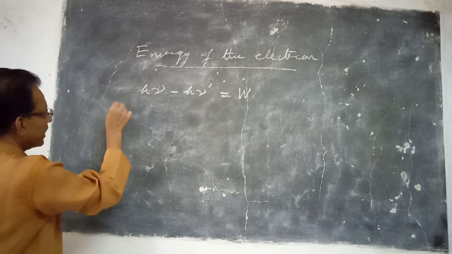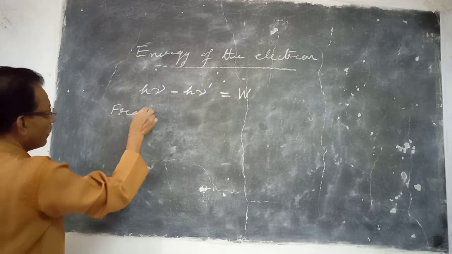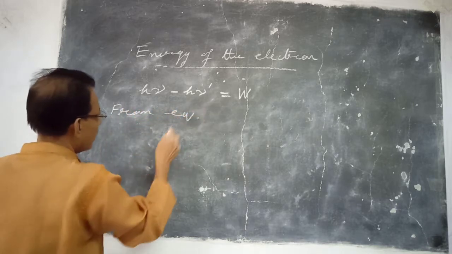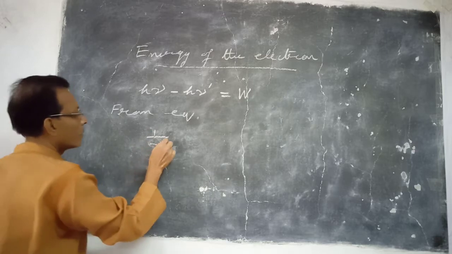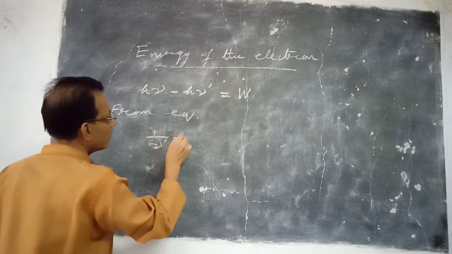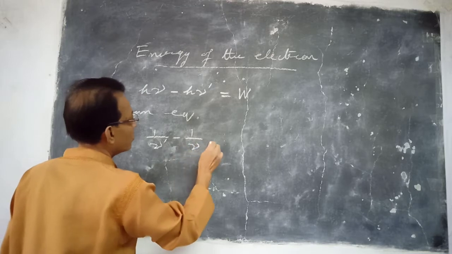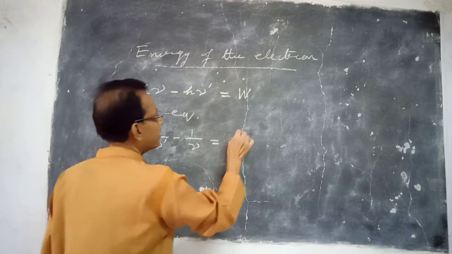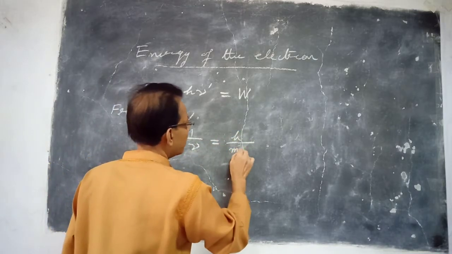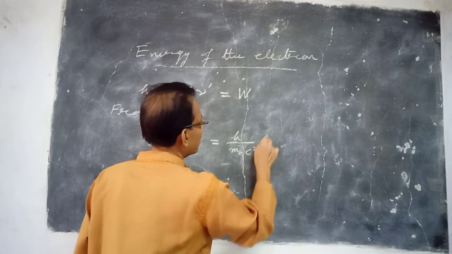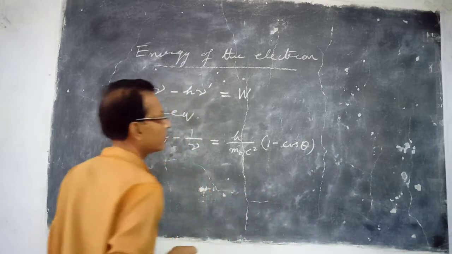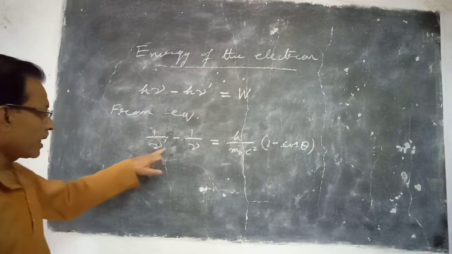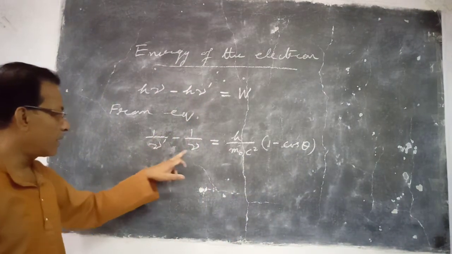Now, from the equation we have derived, 1 by nu prime minus 1 by nu is equal to h by m0 c square into 1 minus cos theta. That is, lambda prime minus lambda equals delta lambda.